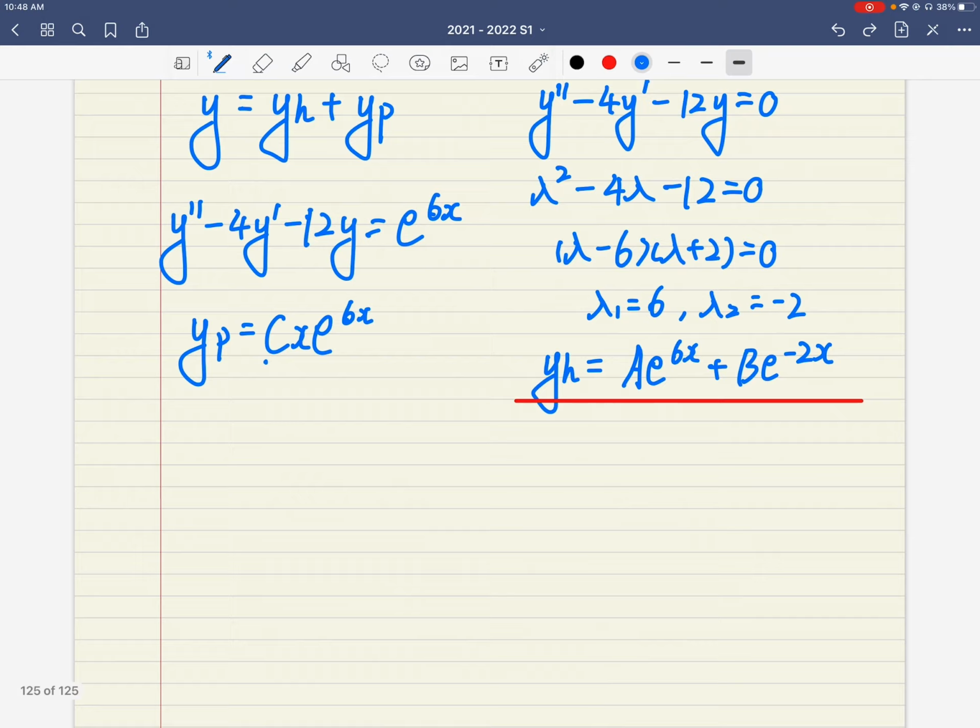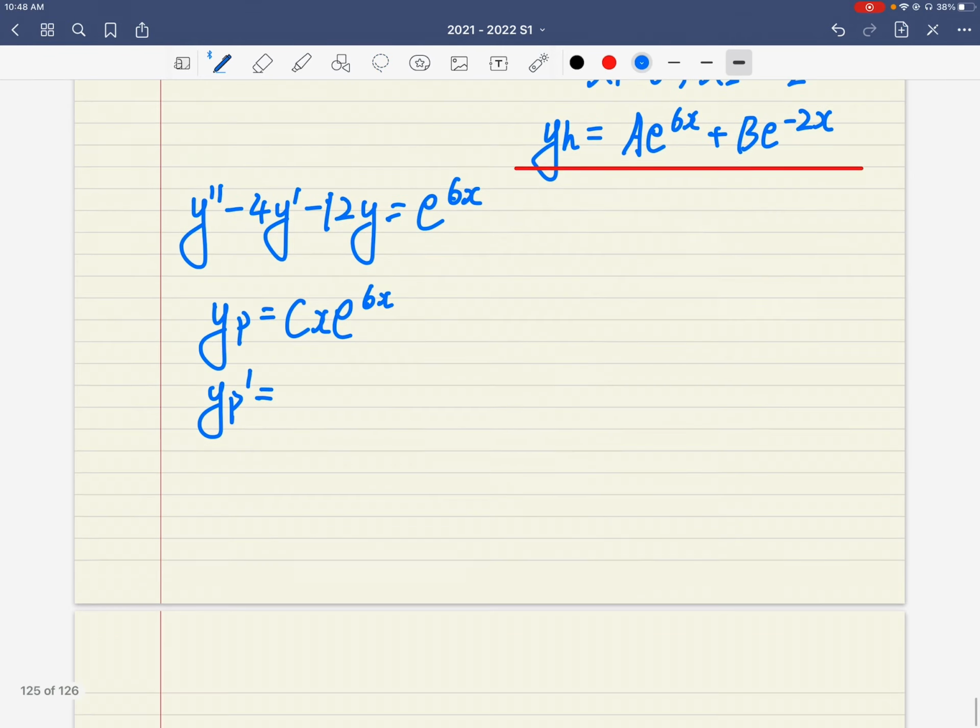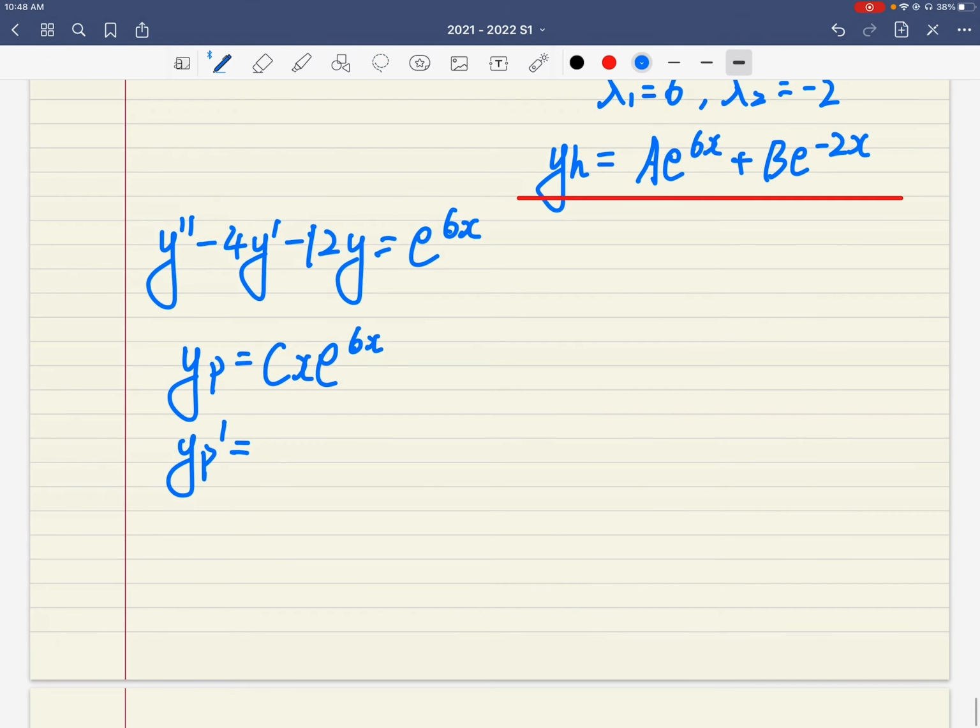Again, to get the constant c, you just have to take the derivative. Now the calculation is much more complicated. Let's do it down here. For the first order derivative, you have to use the product rule.